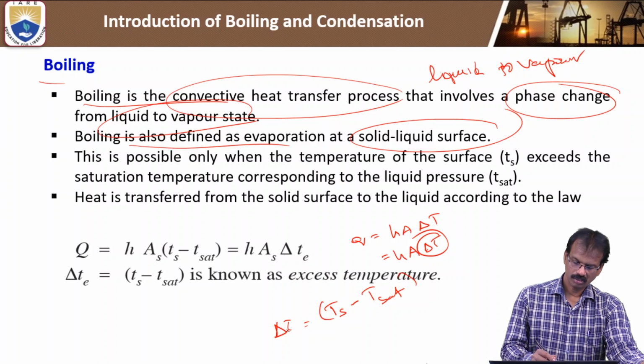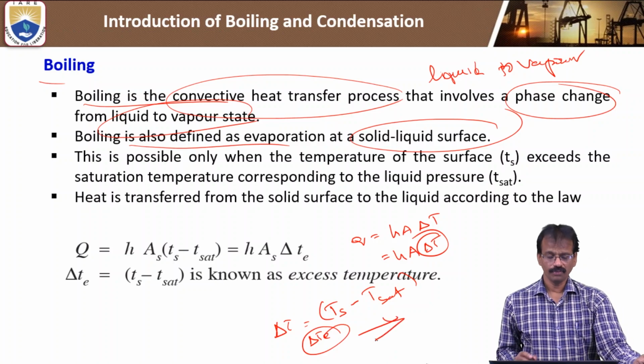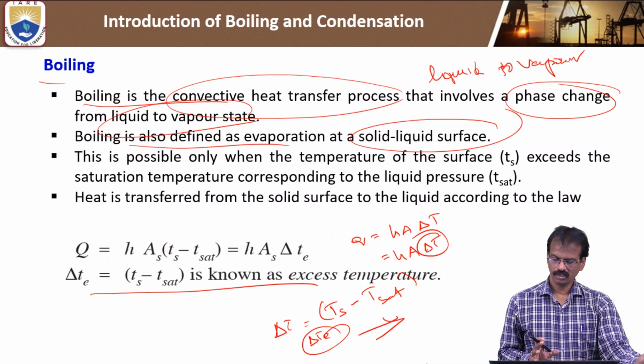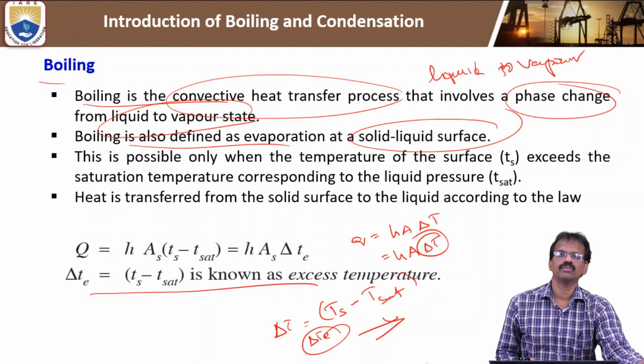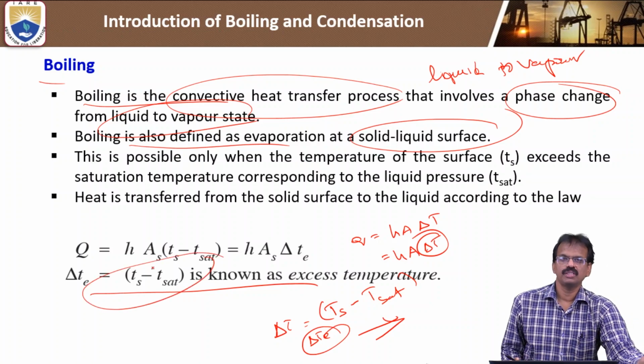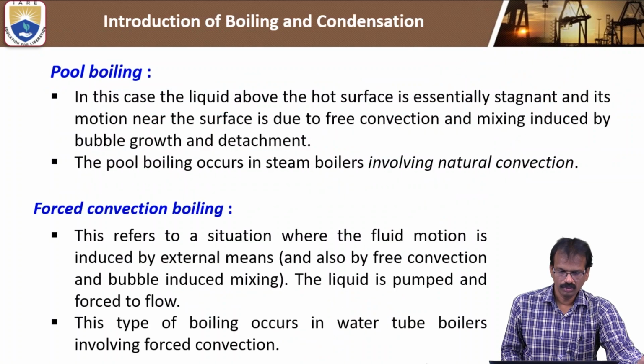This is represented as delta T excess, the excess temperature. If there is an excess temperature, then boiling will take place. Okay. So without excess temperature, the boiling phase change will not occur. So this is boiling.